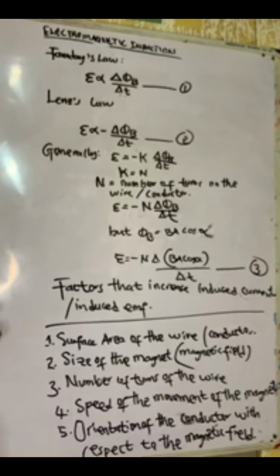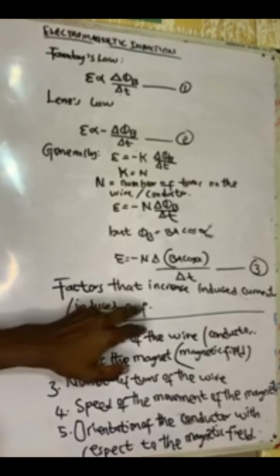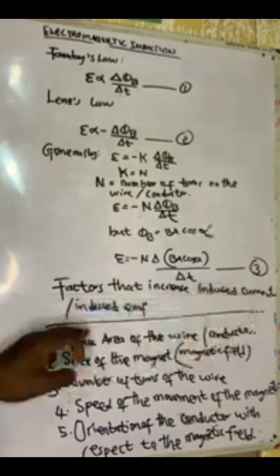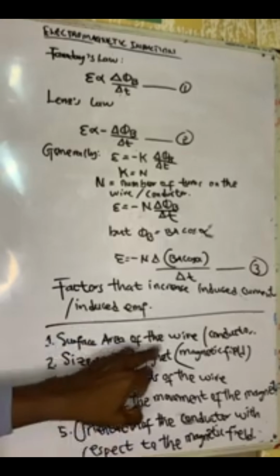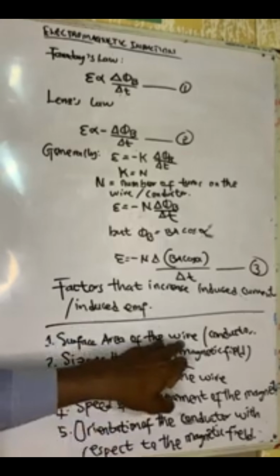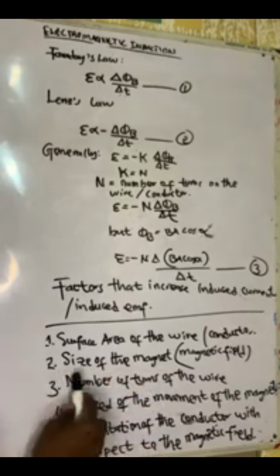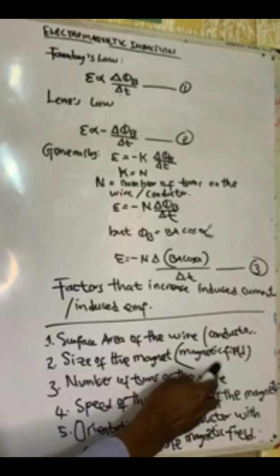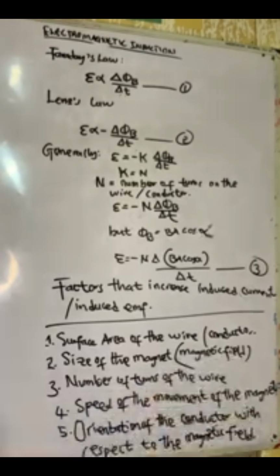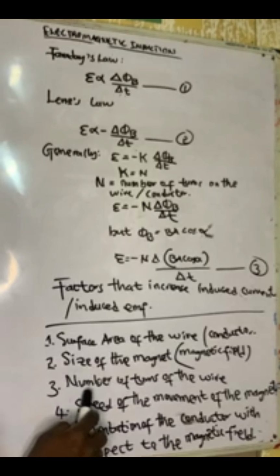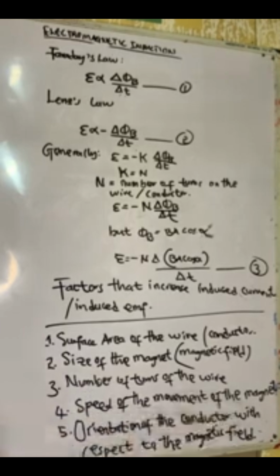Alright, so in exams, if the examiner asks you to list some of the factors that will increase the induced current or the induced EMF, you should talk about the surface area of the wire or the conductor, the size of the magnet. Should you increase the size of the magnet, you are increasing the size of the magnetic field, and hence you are increasing the induced EMF or the induced current. Should you increase the number of turns on the wire, you have increased the induced EMF or the induced current.